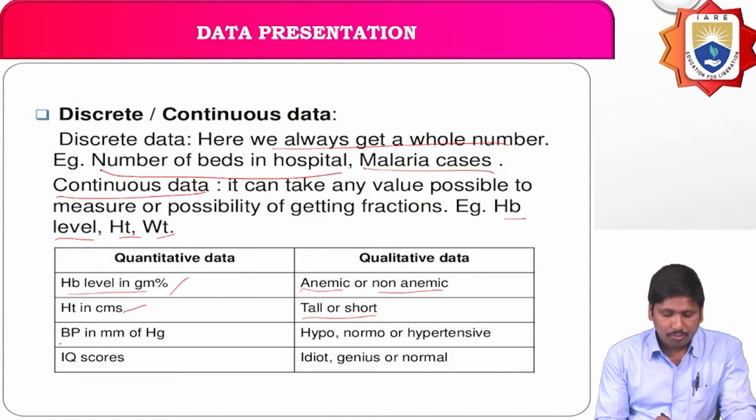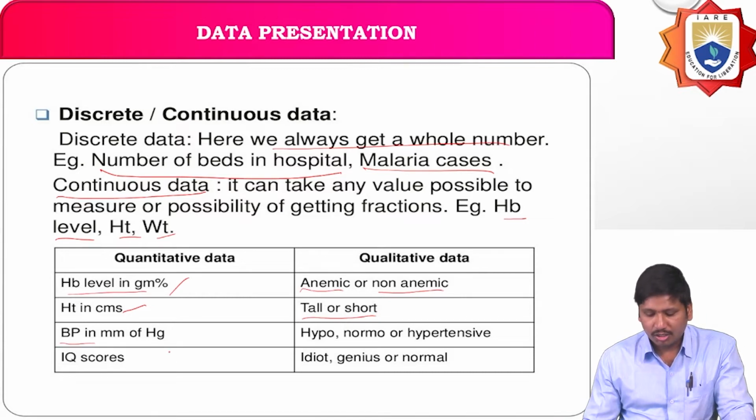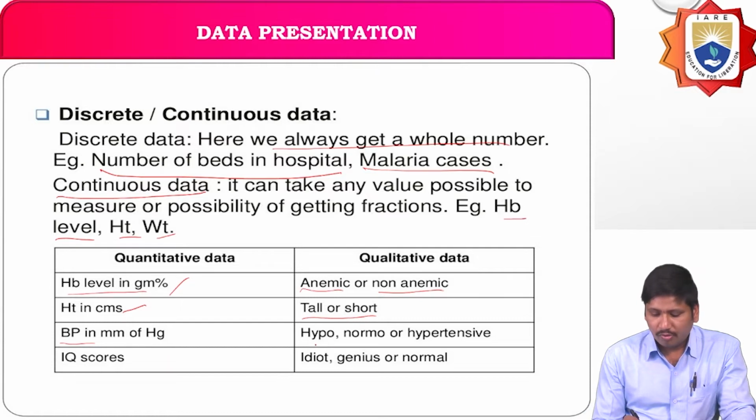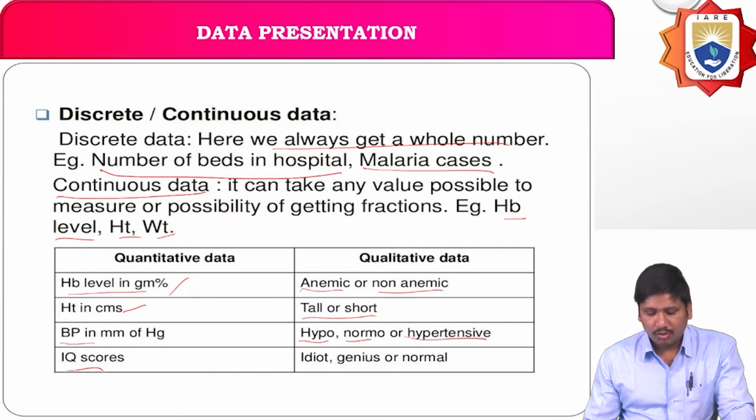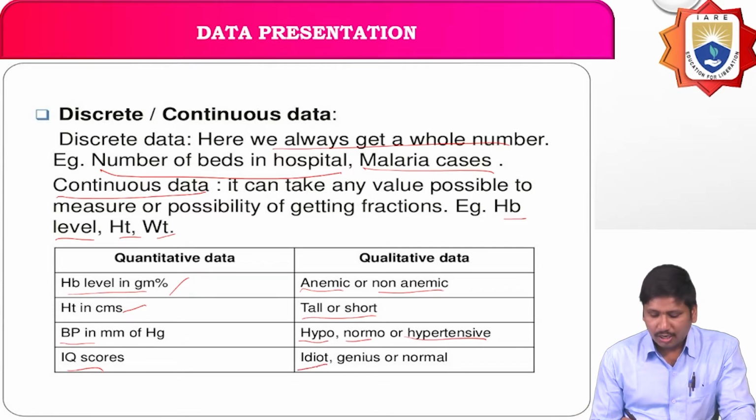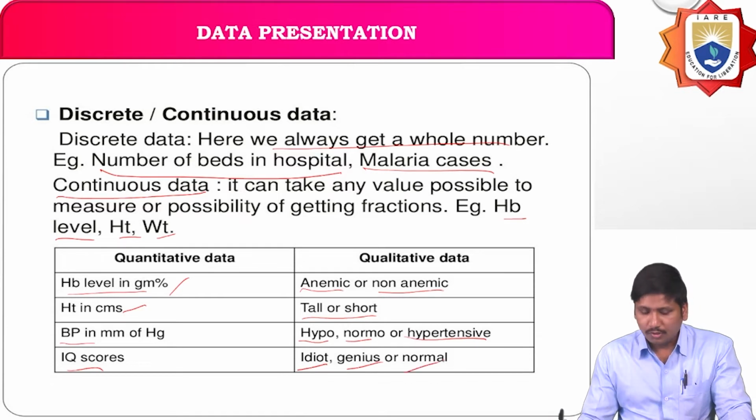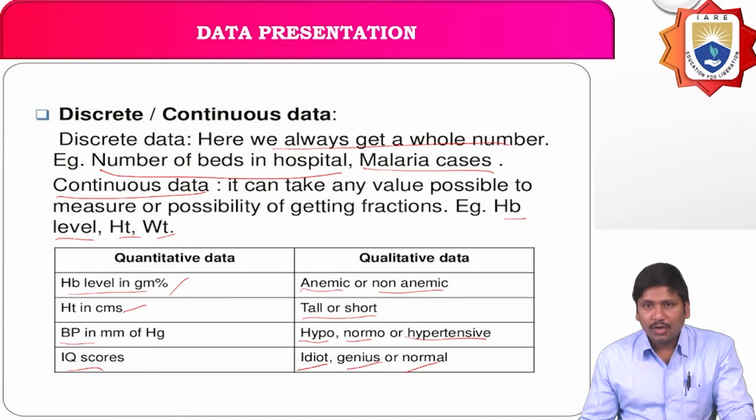And suppose I want to represent BP in mm of Hg, I can represent the quality as hypo, normo and hypertensive. Like this I can represent it here. And suppose I want to represent IQ scores, that might be represented in the form of qualitative data as idiot, genius and normal. So these are some of the differences, right, between quantitative data and qualitative data.